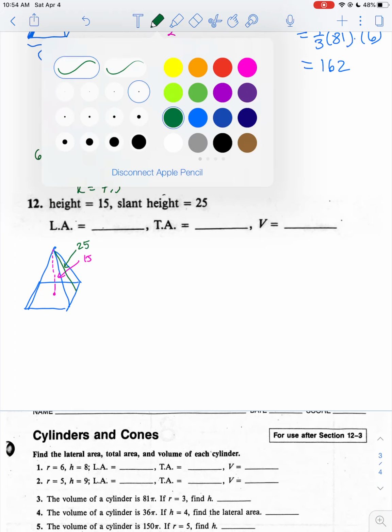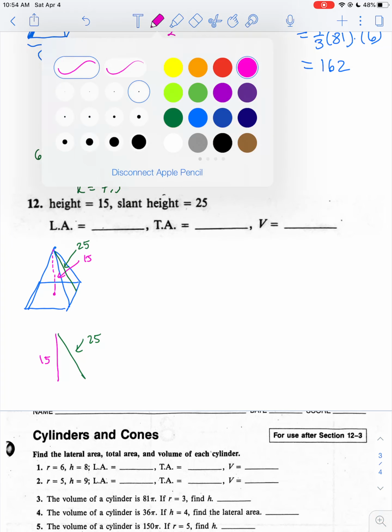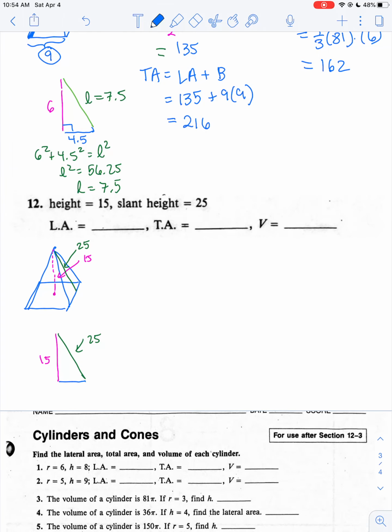Okay, and then lastly, now we need to know what our base value is. So I'm going to redraw this triangle. My slant height is 25. My height is equal to 15. And the question is, how do I find the length of half of my base?